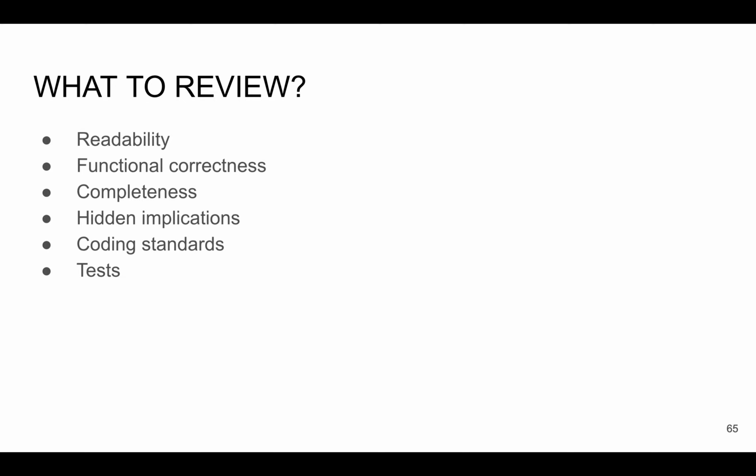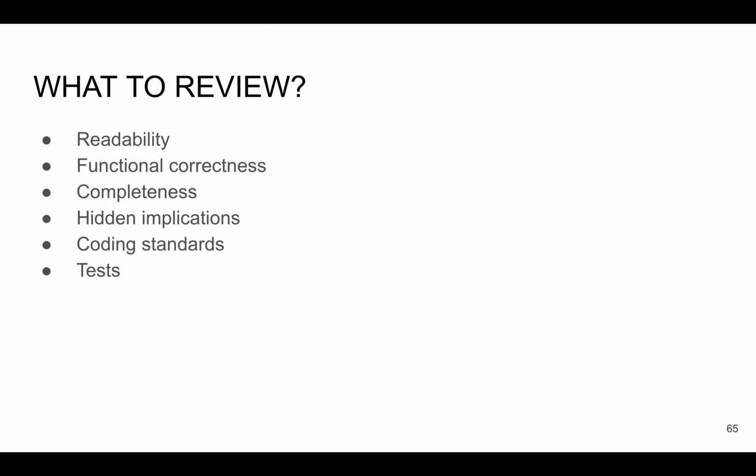So what do we need to review and why is it important? First of all, as reviewers, we invest our time in reviewing. We need to be sure that this code is very readable and reviewing will be easy and we don't waste our time. The next, which is maybe the most important, is functional correctness. So we need to check if this merge request implements functional requirements from the task assigned to the author.